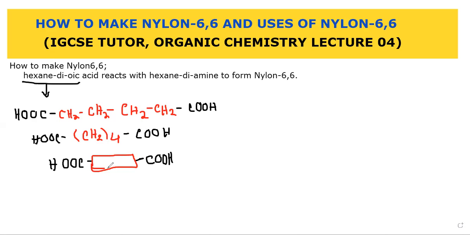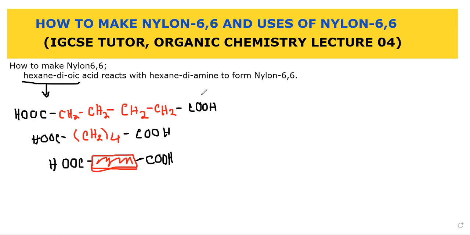Sorry, my rectangle is not perfect though. Okay, so these four CH2s are represented as this rectangle. So we are done with hexane dioic. Hexane dioic is shortened and in its real form to react.